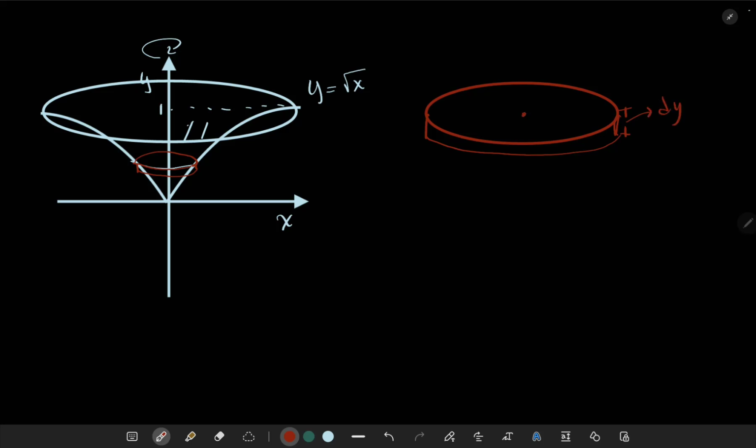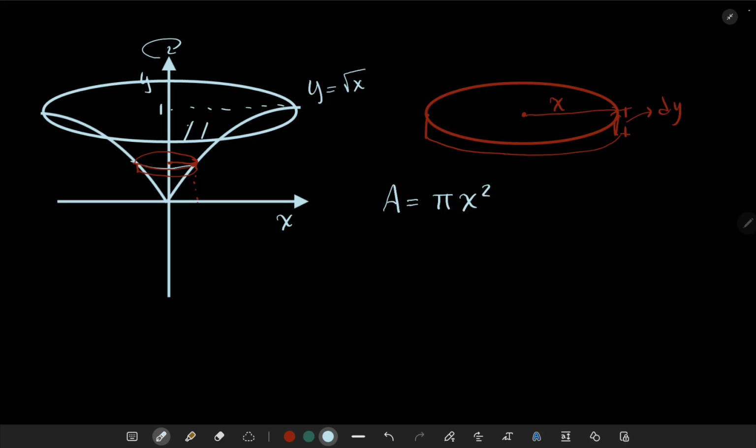And now notice that here the radius is going to be the x coordinate. That last line is pretty terrible, but let's say that is going to give you the x coordinate. So your radius is x. The area of the face of this cylinder or disk is going to be given by pi r squared, where the radius now is x.